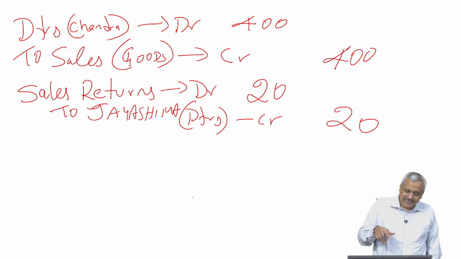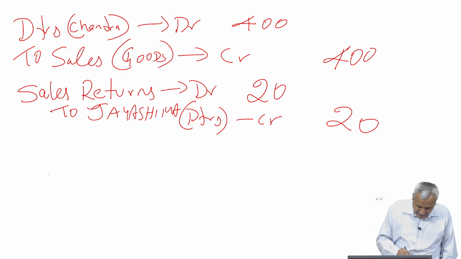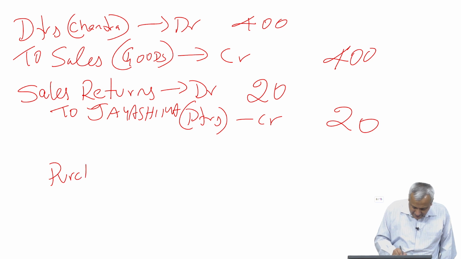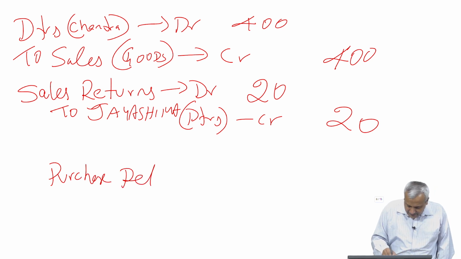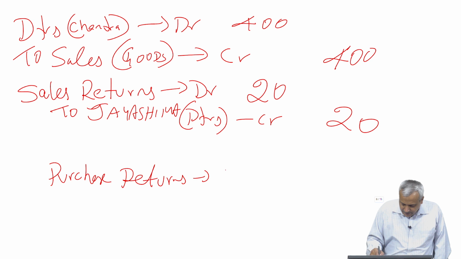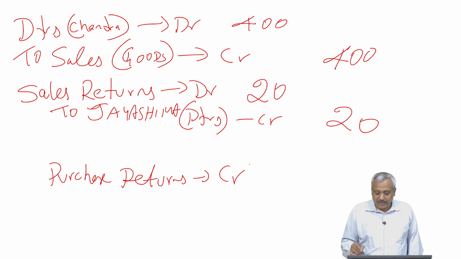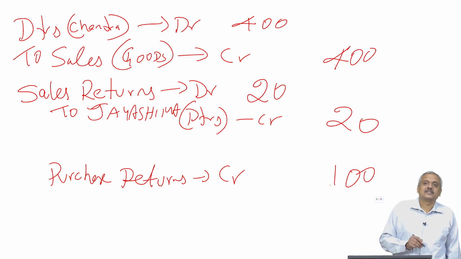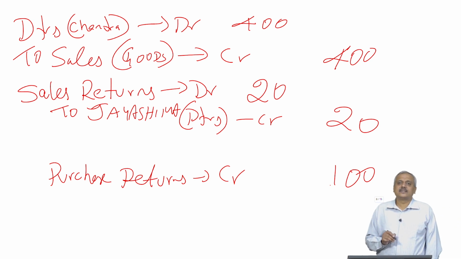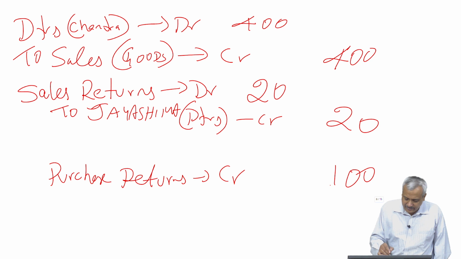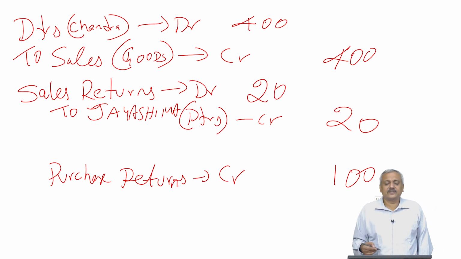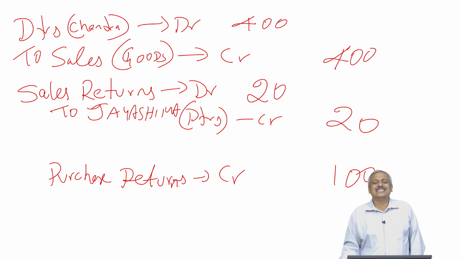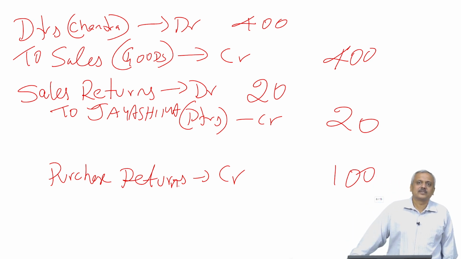Whatever you have purchased is getting out of the factory, so I will write it as purchase returns, credited, because goods are going out of the factory. I have the Excel sheet which I will show you, where most of these things are more legibly written. Purchase returns are $100.